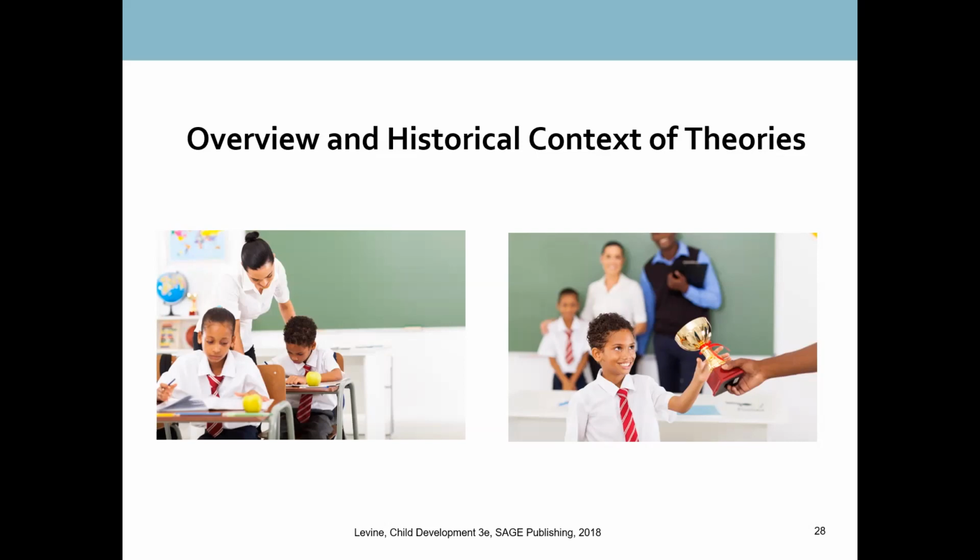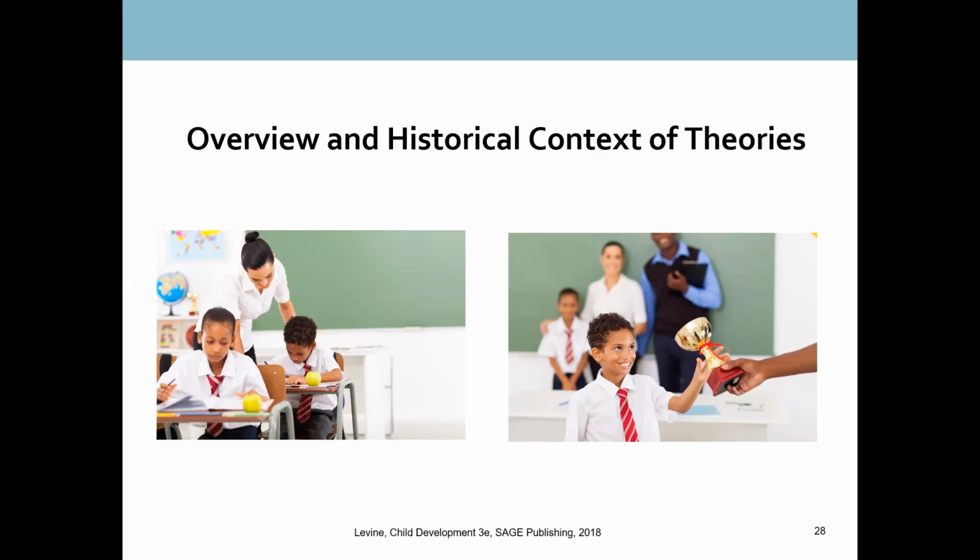So you should take a look at that chart and get a sense of where each theory falls along those two questions that we started this chapter with, nature versus nurture and continuous versus stage-like development. So that's page 57. And secondly, there's a section called the historical context of theories, pages 58 to 59.